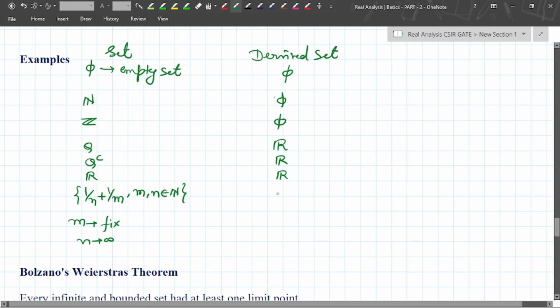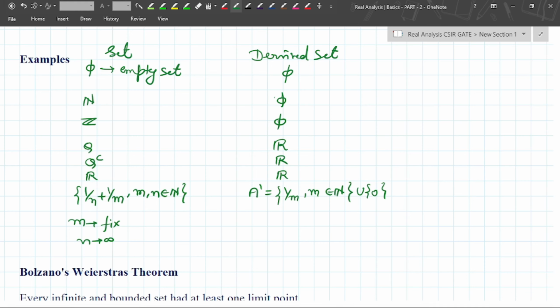So if I fix m, the derived set will be 1 by m, where m belongs to natural numbers, and also 0 will be the case, because n is tending to infinity and certainly m may be large.